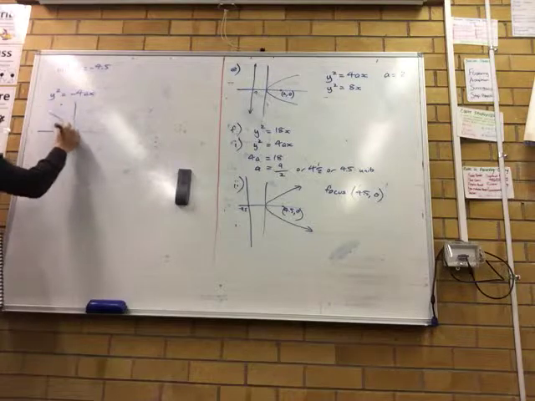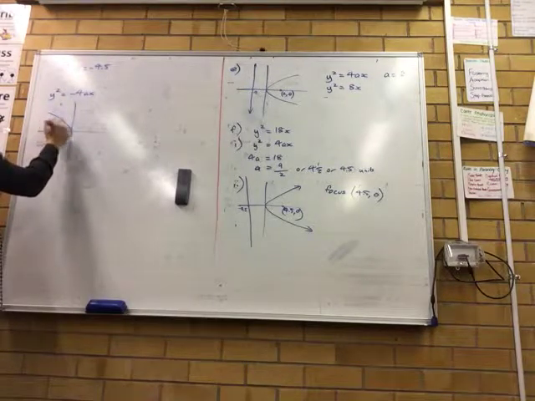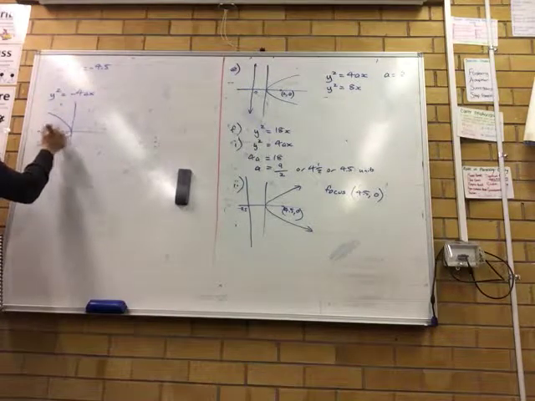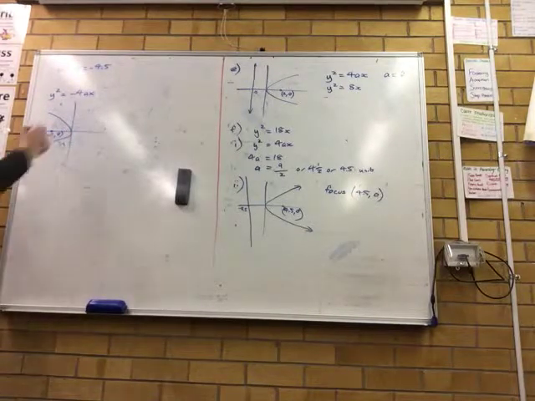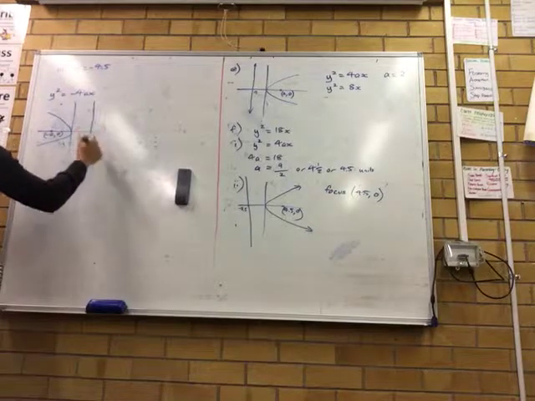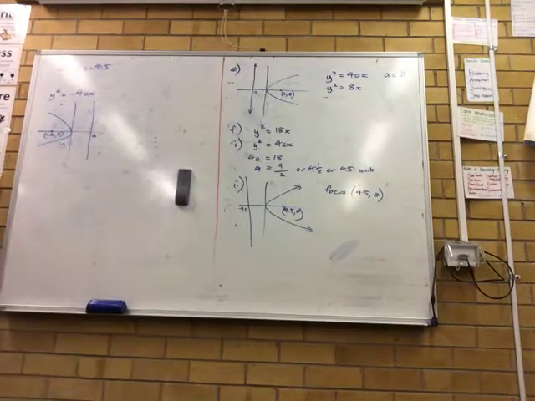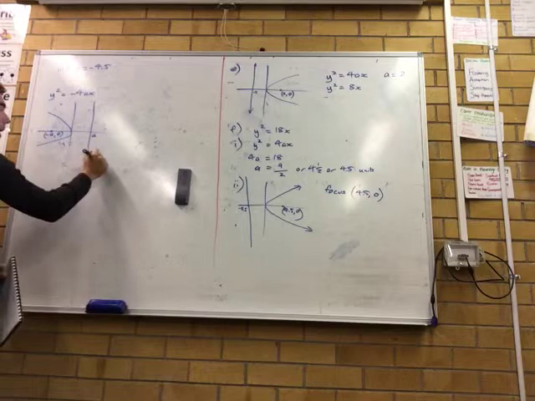So the vertex at the origin, the focus is inside, and we'll have coordinates -a, 0, because it's in the negative x-axis, and the directrix will cut the x-axis at a, and the equation will be x equals a.